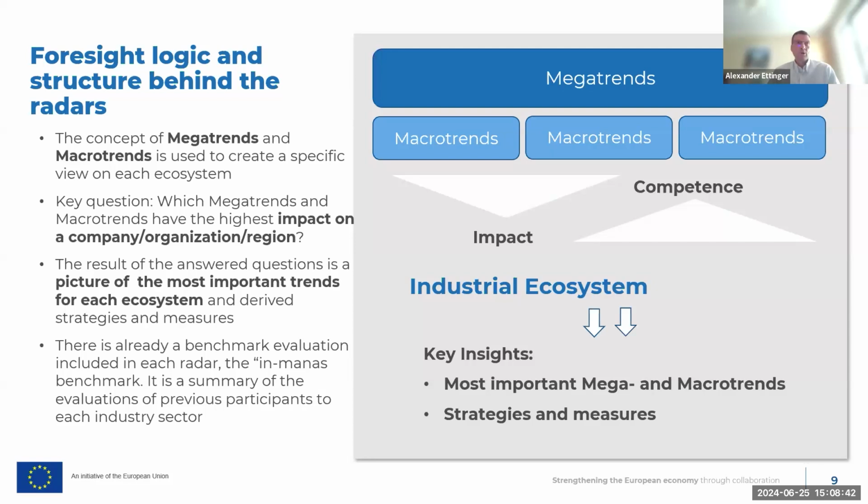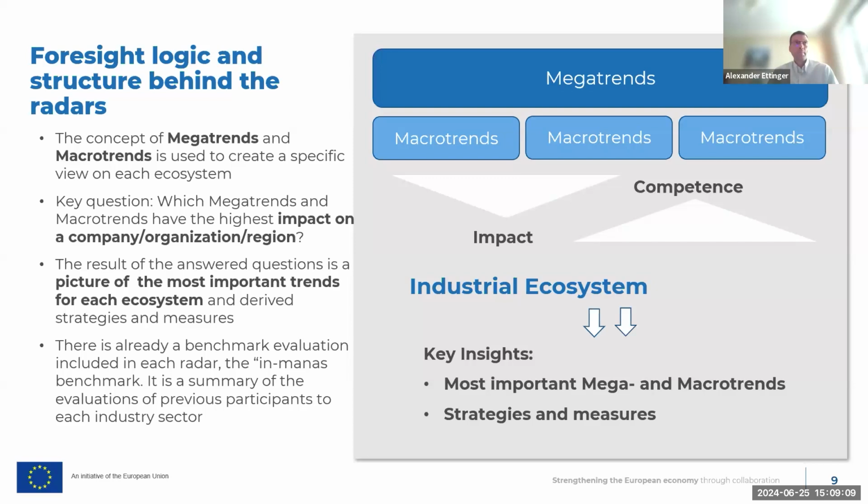The commonly used megatrends and macro trends from different research systems are included in the system itself. And the key question is which megatrend and which macro trend have the highest impact on the ecosystem.